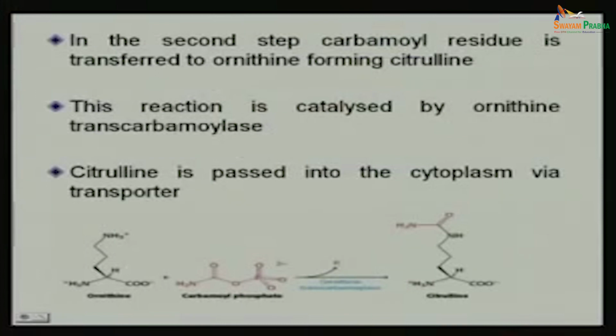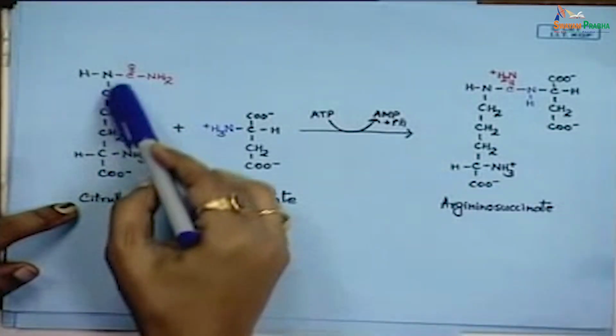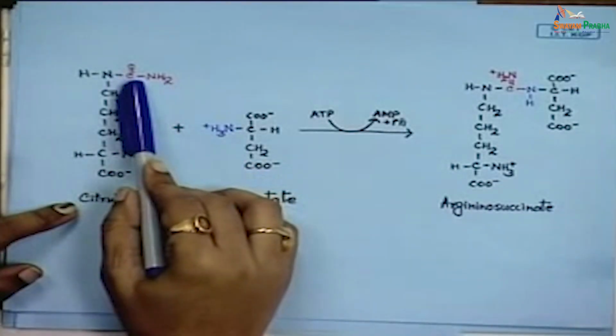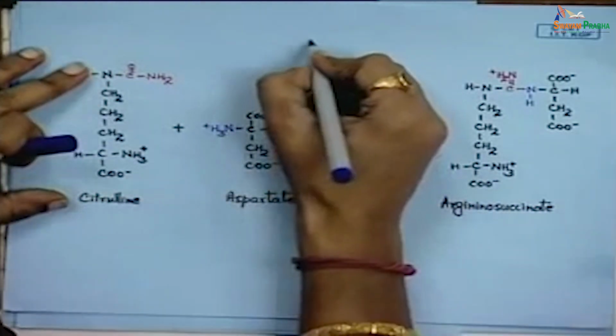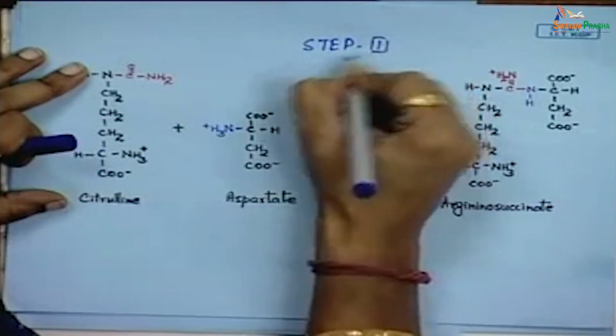Now, in the next step, what is there? Aspartate condenses with this citrulline forming arginosuccinate. If we see this citrulline, which is the end product of the second step, in step 3, what is happening?